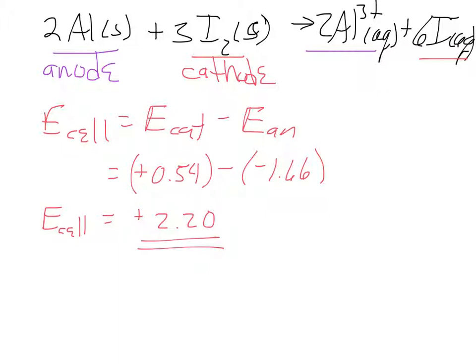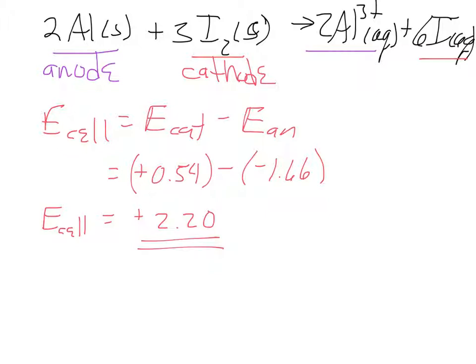What was the reduction potential for the cathode in the previous problem? It was 1.06. Okay. And what was the reduction potential for the anode that we found?